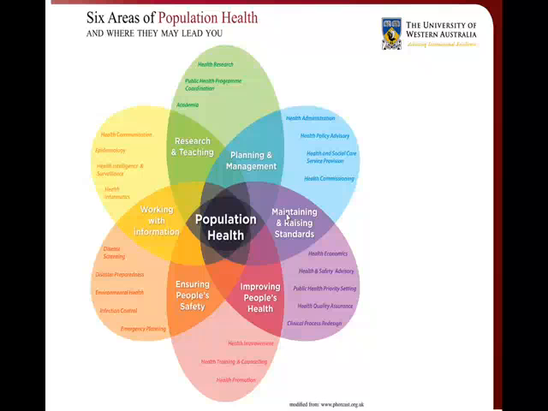So I mentioned before there's a very broad range of employment opportunities from population health. They probably fall into 6 key areas: research and training, planning and management, maintaining standards, improving health, so in particular health promotion, and ensuring people's safety. So if you want to work in disaster preparedness, for example, there's a section within the Department of Health that is focused predominantly, totally on disaster preparedness.